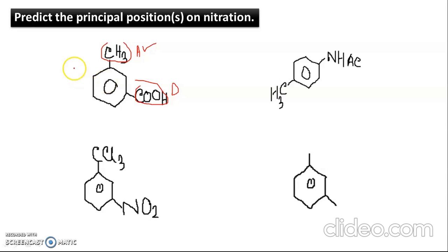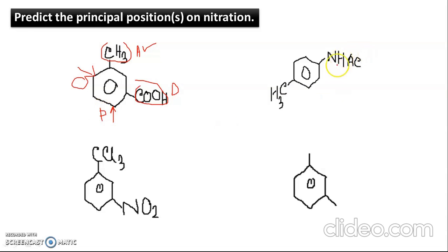So we consider the methyl group only for orientation, that is for determining the position where the nitro group will be inserted. Now the methyl group is ortho-para orienting, so these will be the positions, more than one position. This is ortho, this is para. So there is a chance of getting both the products.